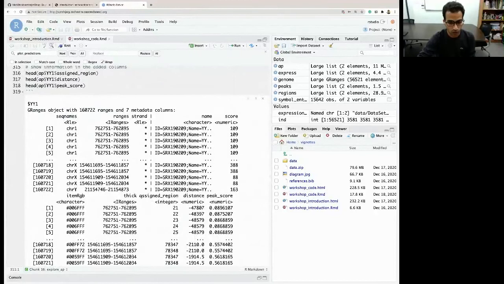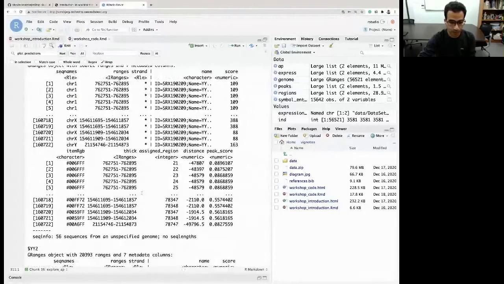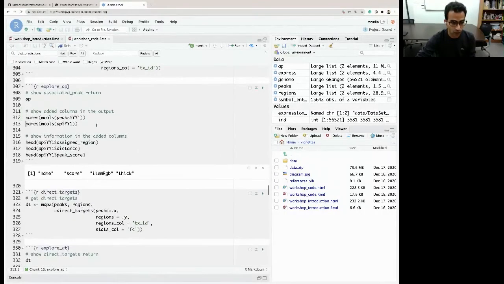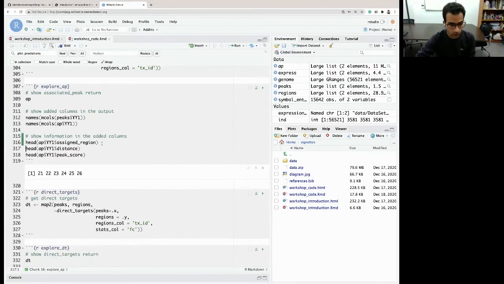It's again the same object, including filtering out the peaks that are outside the range that we chose. And in addition, we have the assigned region, the distances, and the peak score. Again, these are the names of the columns after running associated peaks. Those are the three new columns that are added, and they contain the entry IDs, the distances, and the peak scores.